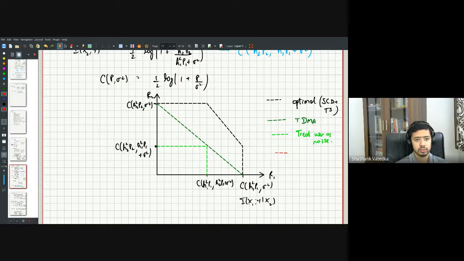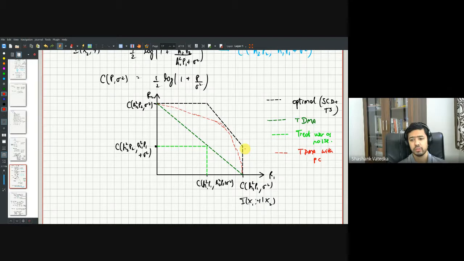Let's call this TDMA with power control, and it's going to be some convex region, roughly like this. I don't have a good picture to show you, but it will do strictly better than TDMA, but it's also going to be worse than successive cancellation decoding and time sharing.